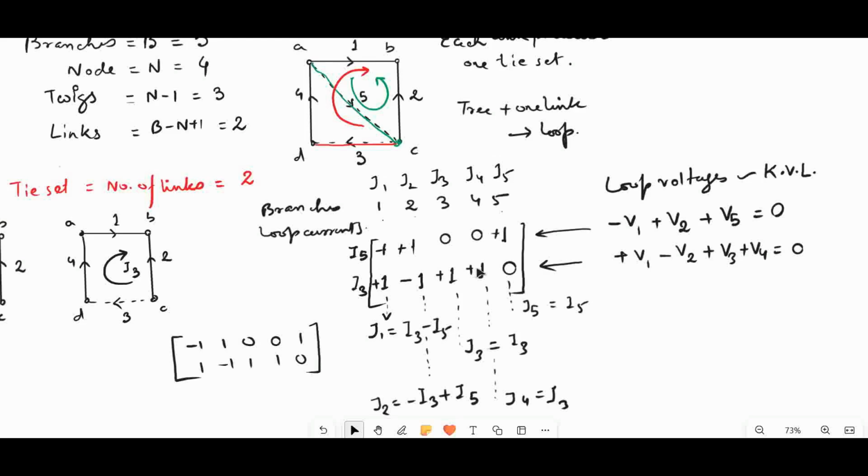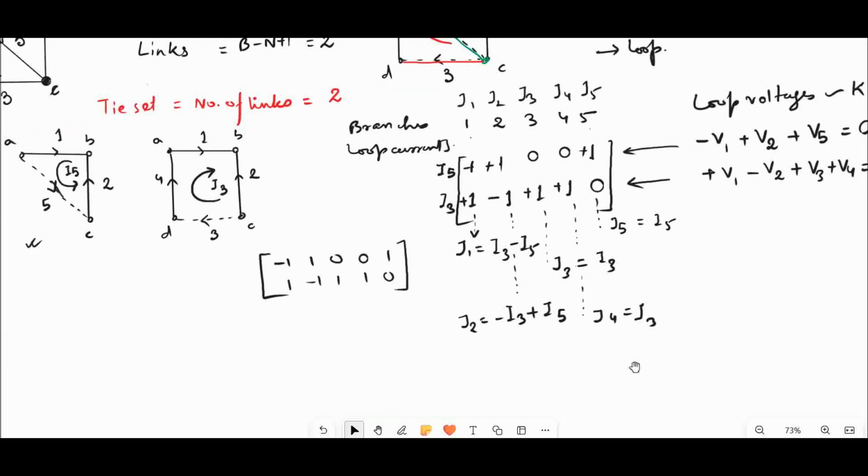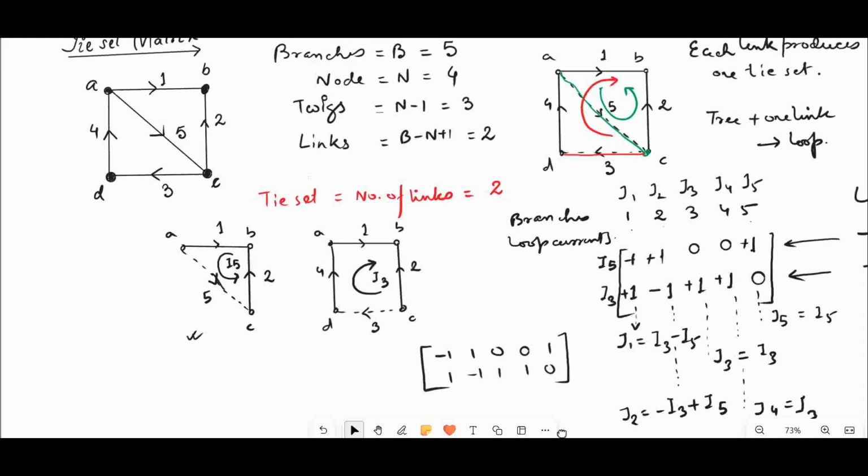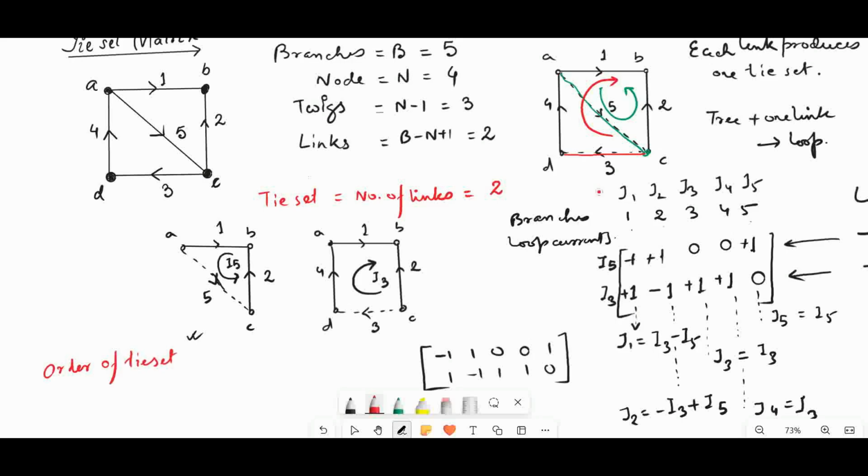So now next the question might be on the order of the Tieset matrix. So if we see it again here, the order of the Tieset matrix will be the number of equations, which equals the number of links or loops, multiplied by the number of branches.